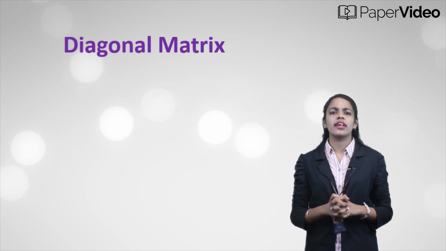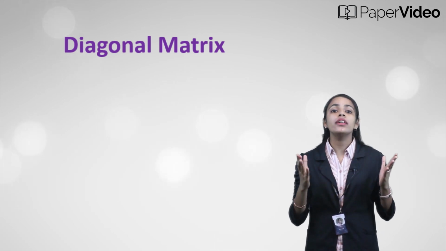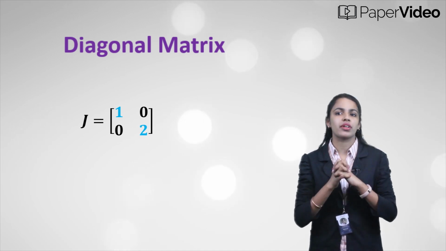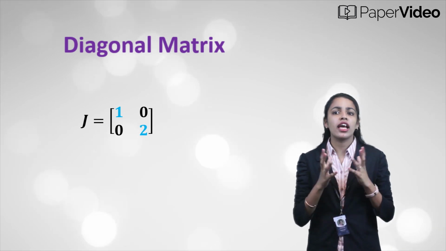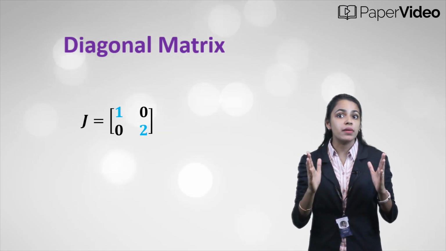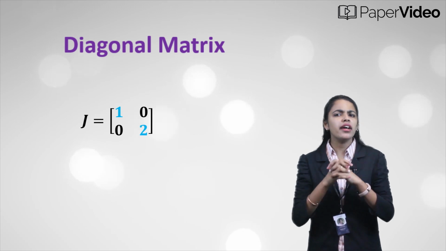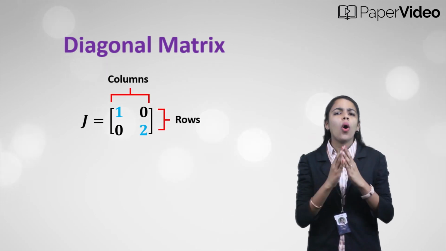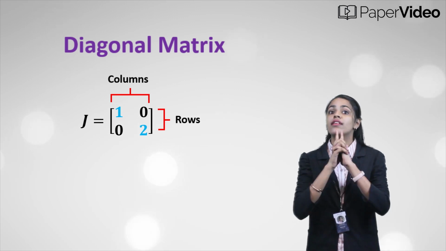Next type of matrix is a diagonal matrix. A square matrix in which all non-diagonal elements are 0 is known as a diagonal matrix. A diagonal matrix can have any number of rows and columns, but it must be a square matrix. Here, matrix J has 2 rows and 2 columns, and all non-diagonal elements are 0.